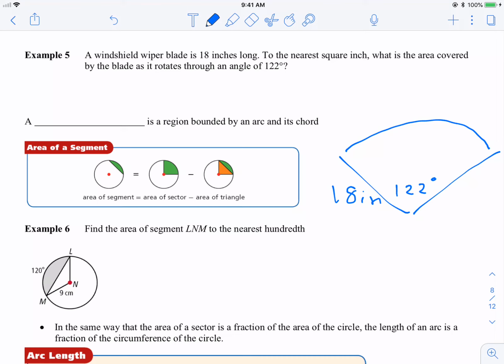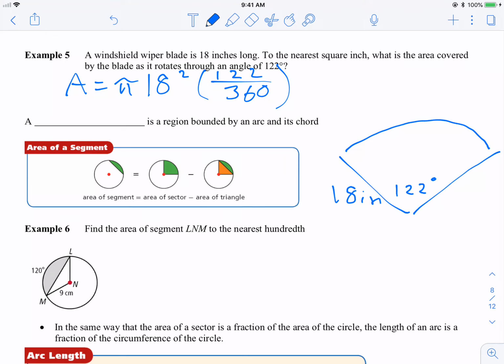And because this is an application problem, we don't really care about our answer in terms of pi. We can go directly to our rounded answer. So once again, we'll use our equation for area. Pi times the radius of 18 inches squared, and 122 over 360.